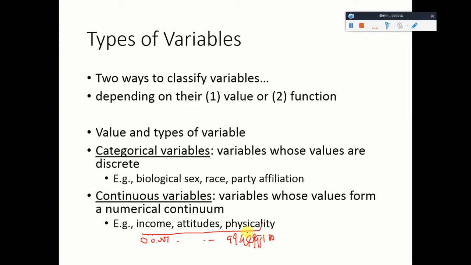In other words, these two points, 99.99999, is very, very close and almost touches upon the point that denotes 100.